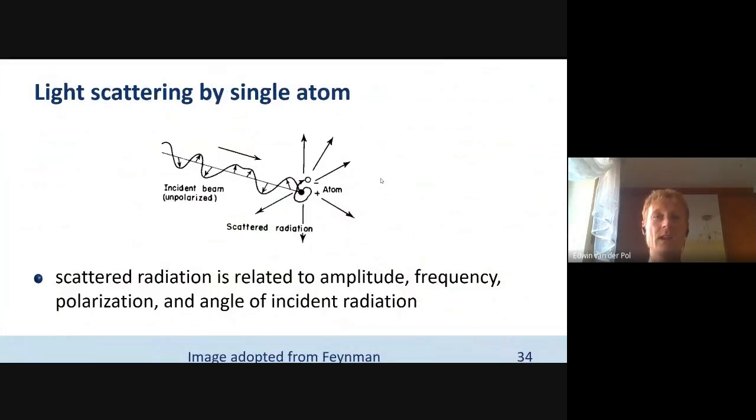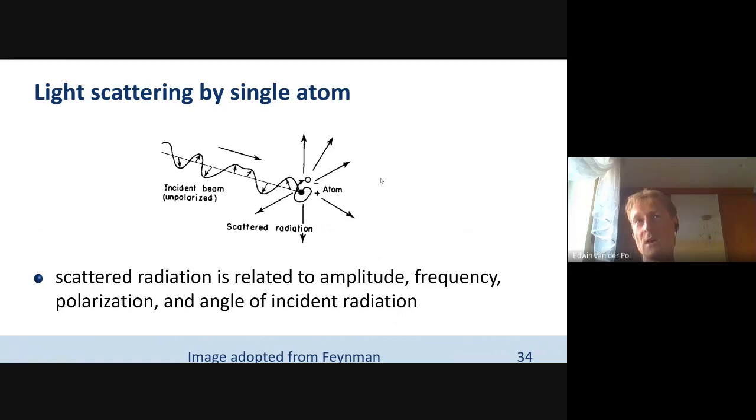This is an image I grabbed from the Feynman Lectures on Physics, just visualizing this answer. The physics of light scattering studies exactly this effect. We have some incoming light of a certain polarization, or unpolarized.